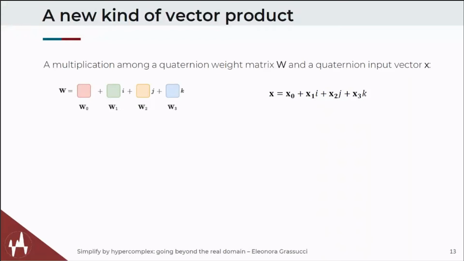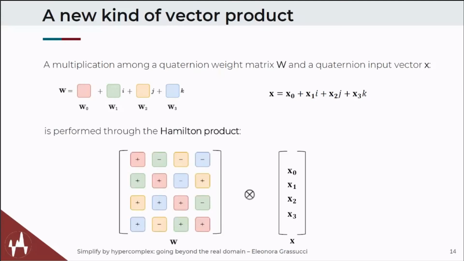Basically, suppose that we have a quaternion W with real-valued coefficients W0, 1, 2, and 3. We want to multiply another quaternion X that has real-valued coefficients X0, 1, 2, and 3.